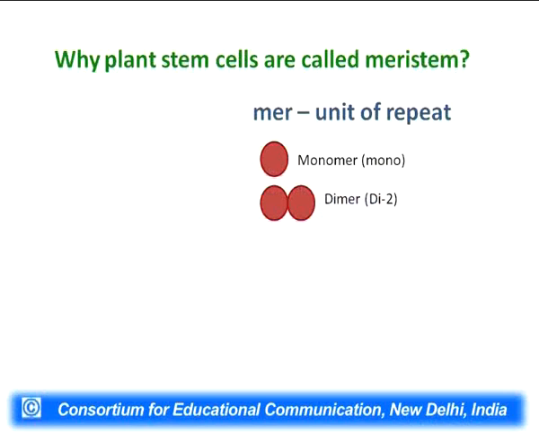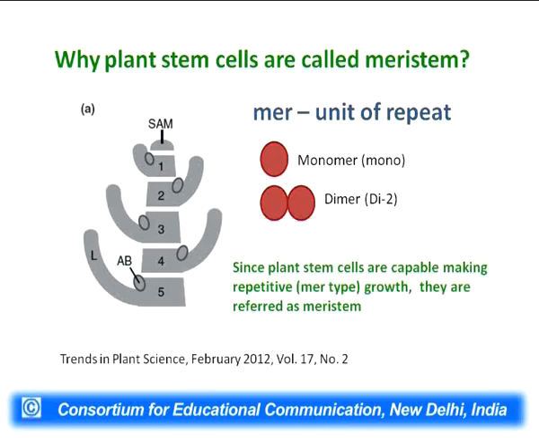The word mer is used for a unit of repeat, like monomer for one repeat, dimer for two repeats. Now, if you look at the growth of a plant, it is a combination of multiple units, as shown here: this is the stem and this is the leaf, and stem and leaf, stem and leaf.